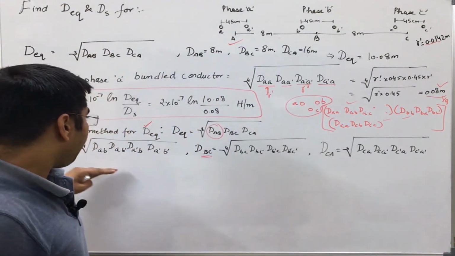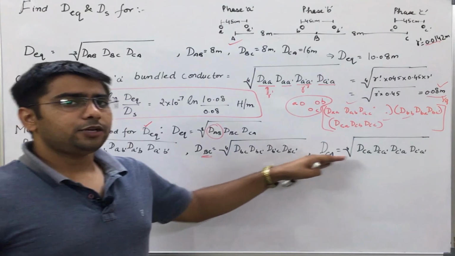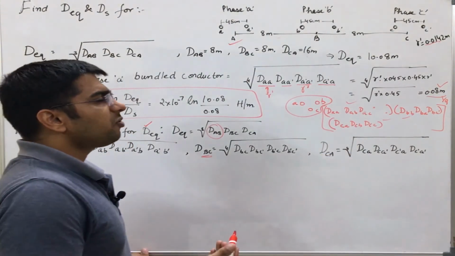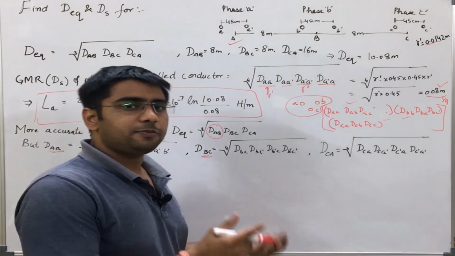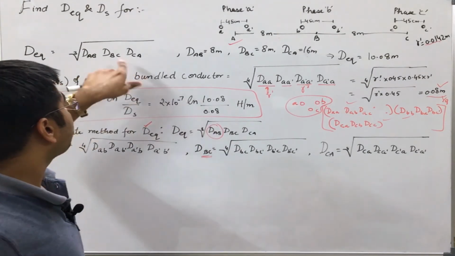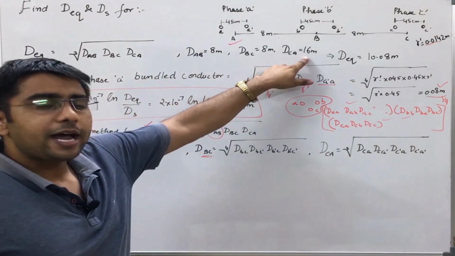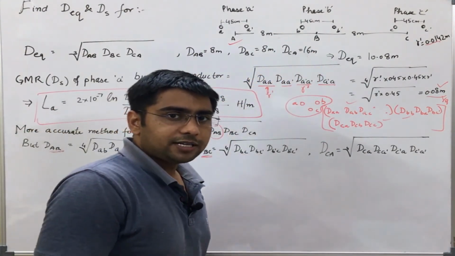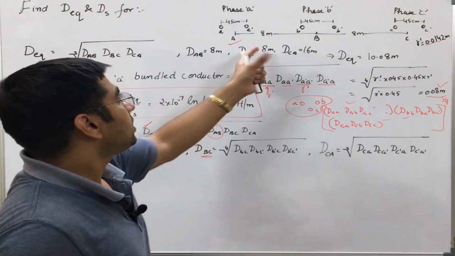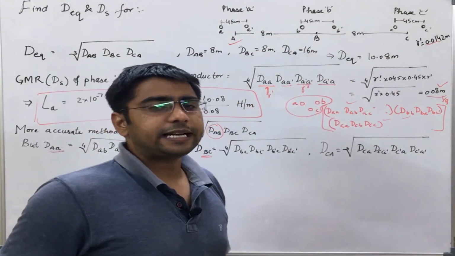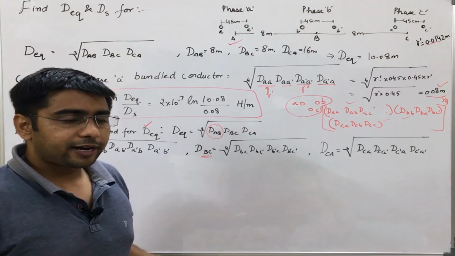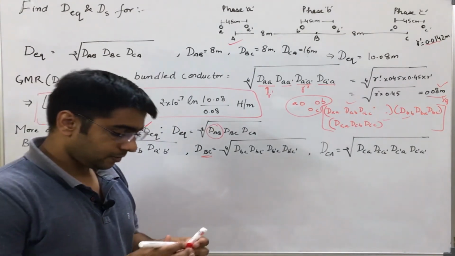When I calculate DAB, DBC, DCA using this formula also, the error which will come out will be very less, negligible, but the calculation involved is very high as compared to the other formula. That is why, to ease the calculation and because the error is very low, we always use center to center distances in calculating the GMD values, and it does not affect our accuracy that much.